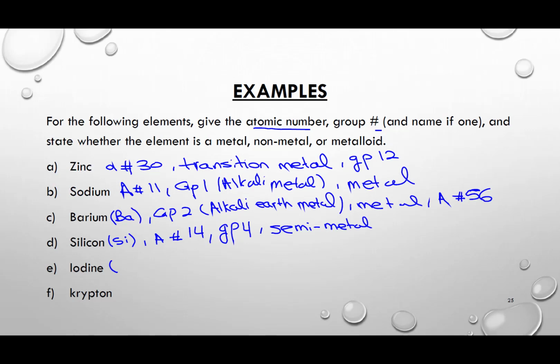Iodine. Its atomic number is 53. It's a halogen. Then it's in group 7. It's a halogen, and they are nonmetals.